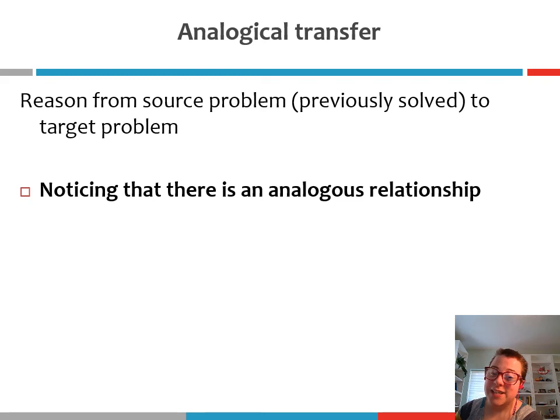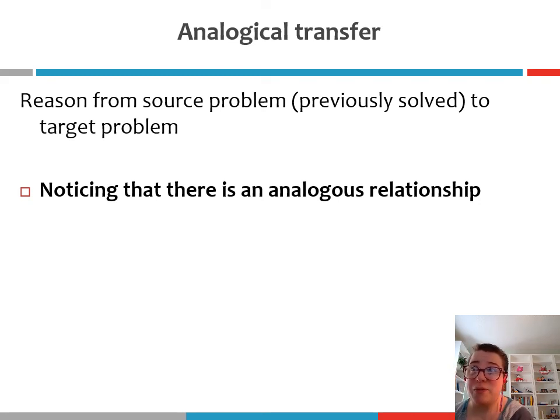Well, first, you have to notice that there's an analogous relationship, or you have to notice that those problems are similar to each other, right? So noticing that there is an analogous relationship between the source problem and the target problem. This step is obviously going to be really crucial in order for analogical problem solving to work.